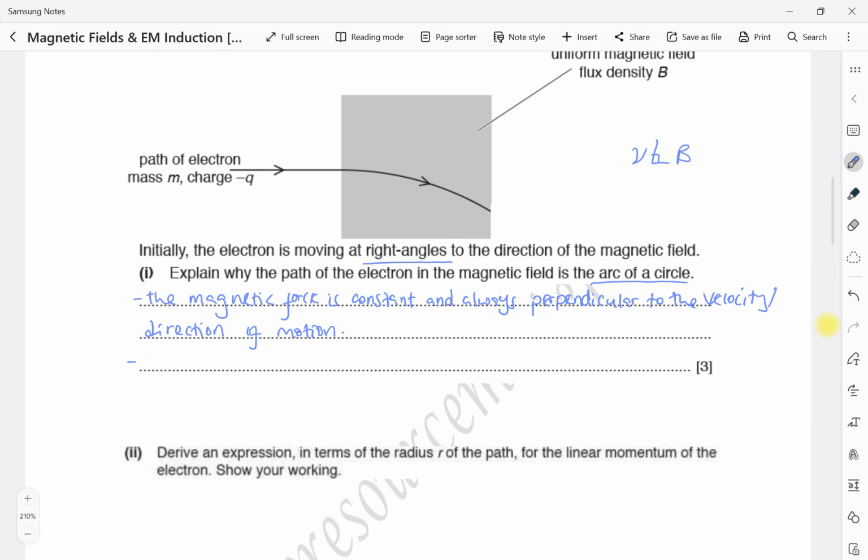So the speed is constant, or you could say kinetic energy is constant, or you would say there is no work done.